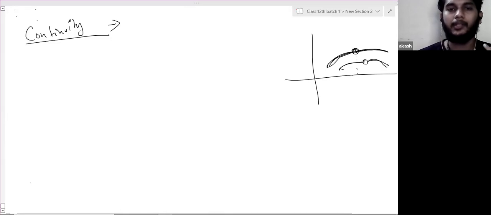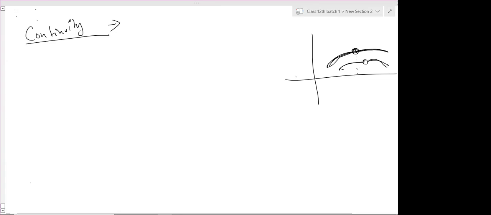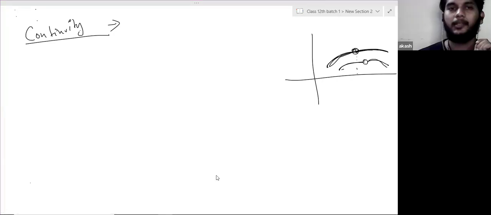This is clear? What is continuous and not continuous? Yes, sir. So as simple as that, what is continuous?